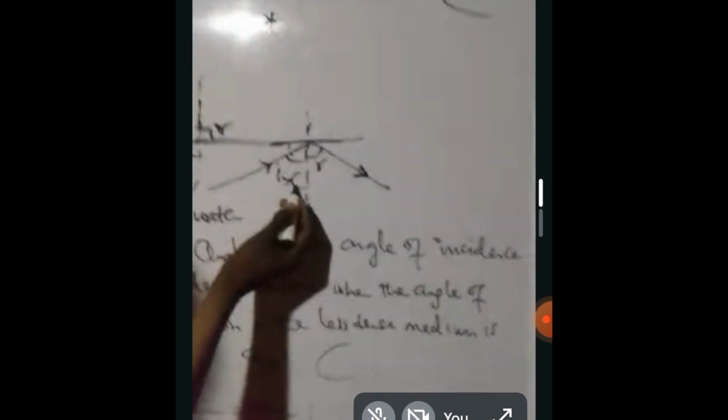Okay, so the first condition for total internal reflection to occur is that the angle of incidence must be greater than the critical angle. The critical angle is the angle of incidence when the refraction angle is 90 degrees.